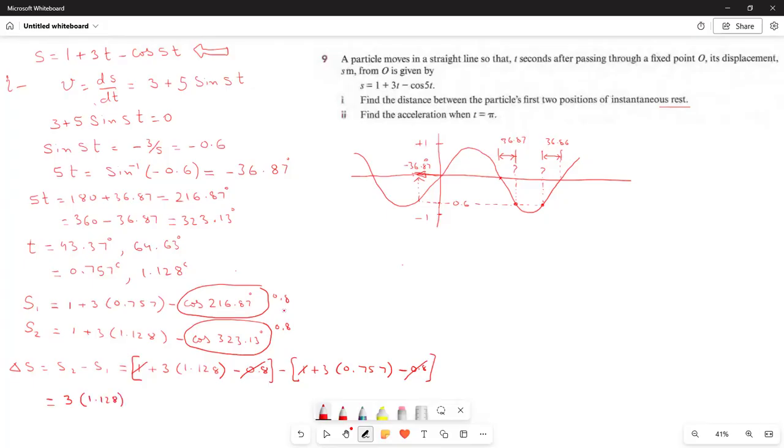1.128, and oh, sorry, I made a small mistake. And minus 0.757.